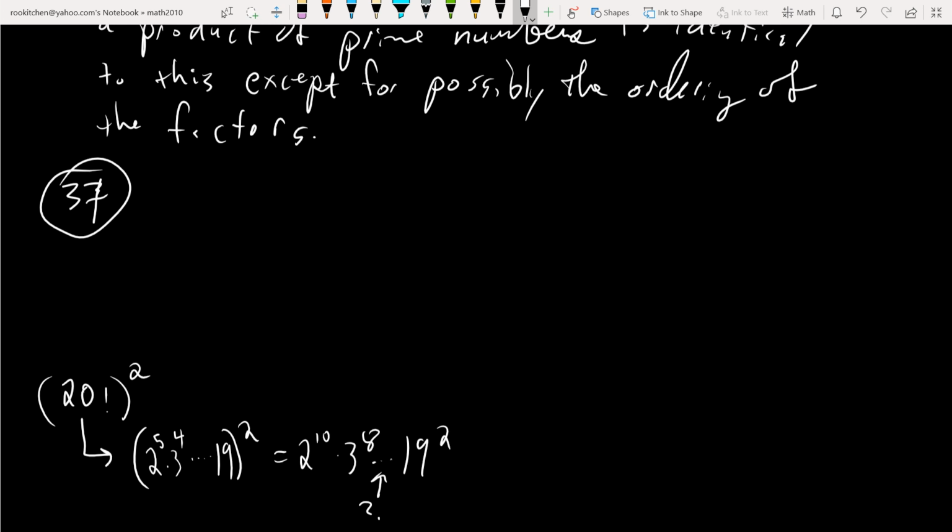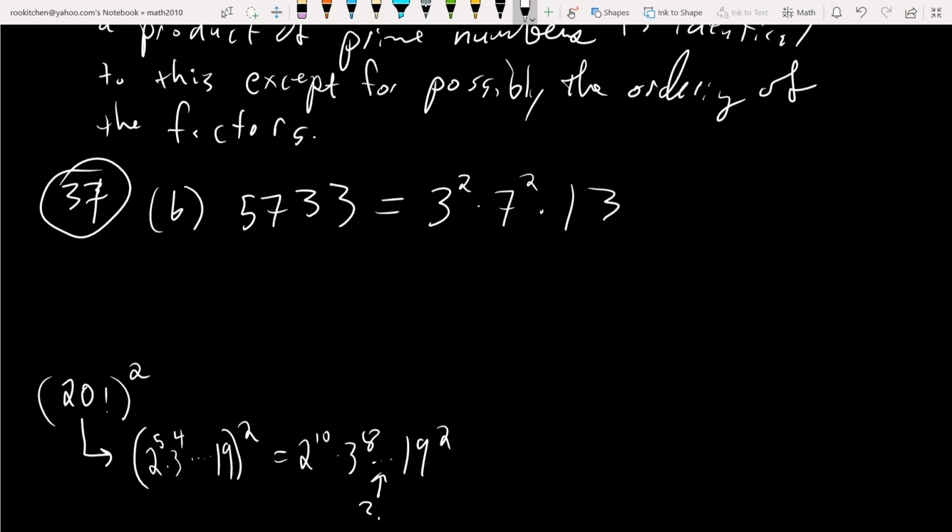Anyways, problem 37: use the unique factorization theorem to write the integer in standard form. Here's part B, 5733. I'll put them in ascending order: 3 squared times 7 squared times 13. Typically what you do is divide by primes, so you test primes up to the square root of 5733, whatever that is.